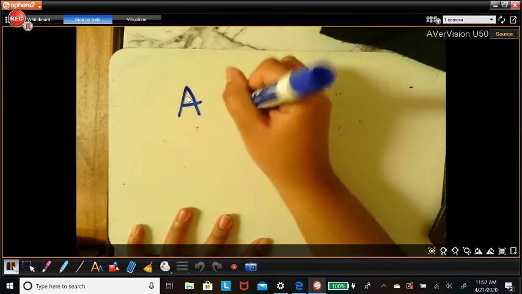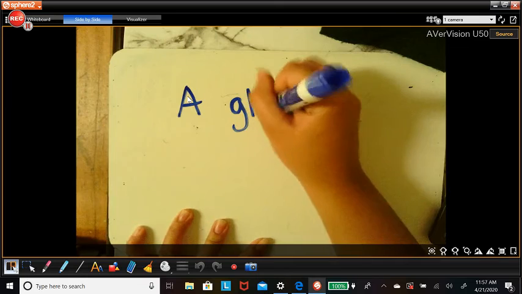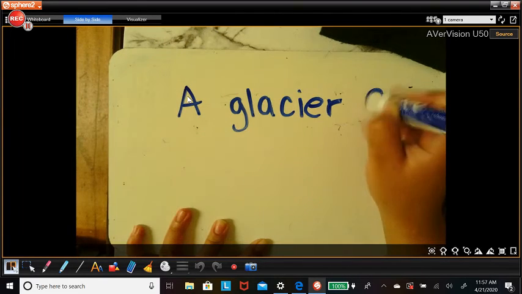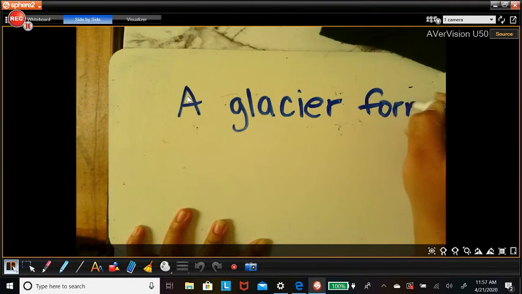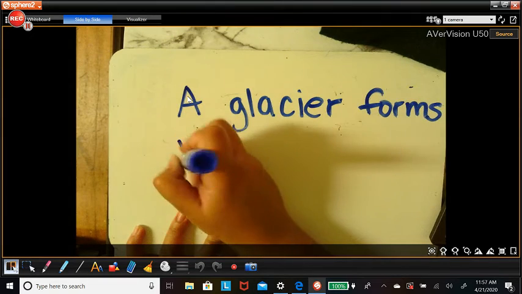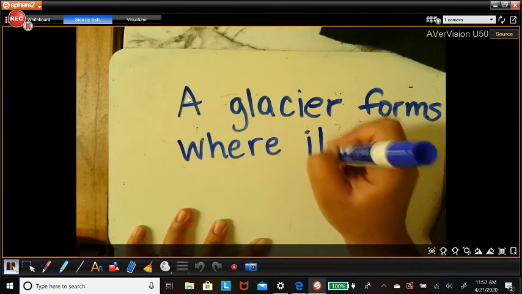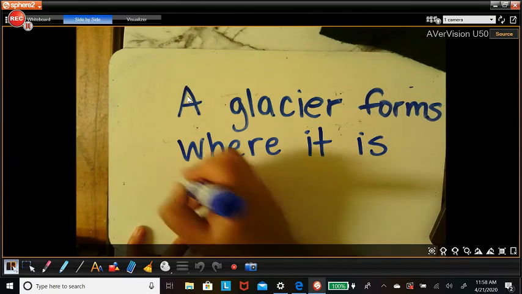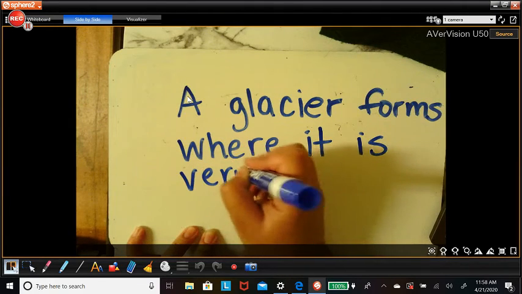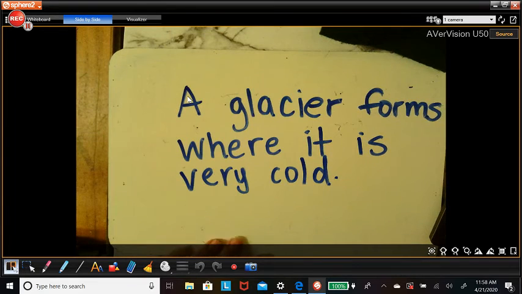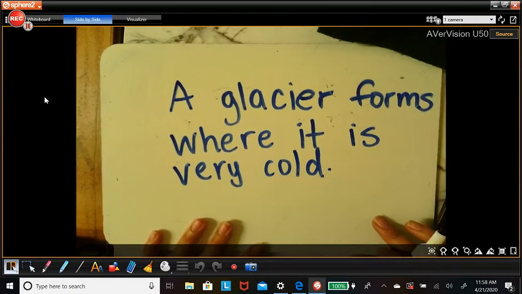A glacier forms where it is very cold. So I provided some type of answer, but now I'm going to use part of the text to support my answer even more.